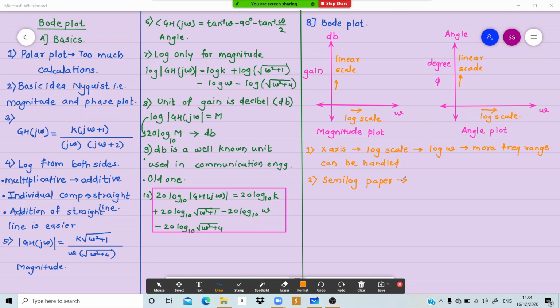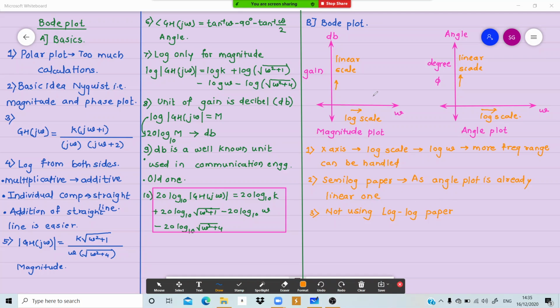So you cannot have both the things on the same paper, correct? And that's why you will find, yes, we are using semi-log paper, as the angle plot is already a linear one, and therefore we are not using log paper, but we are going to use the semi-log paper, correct?